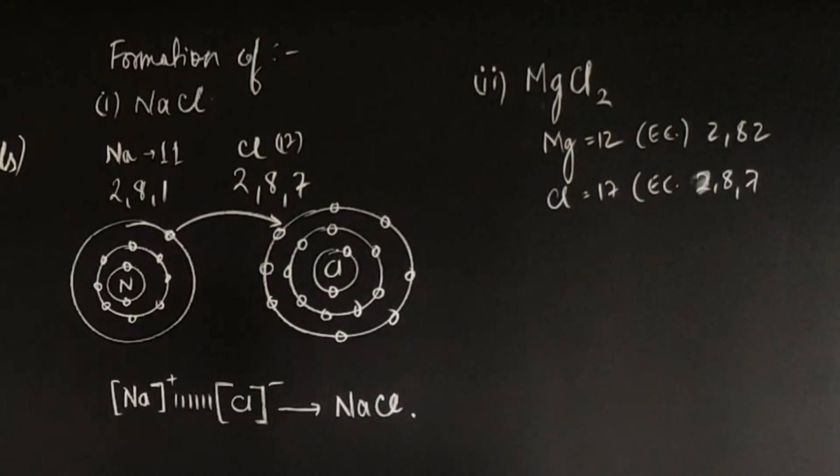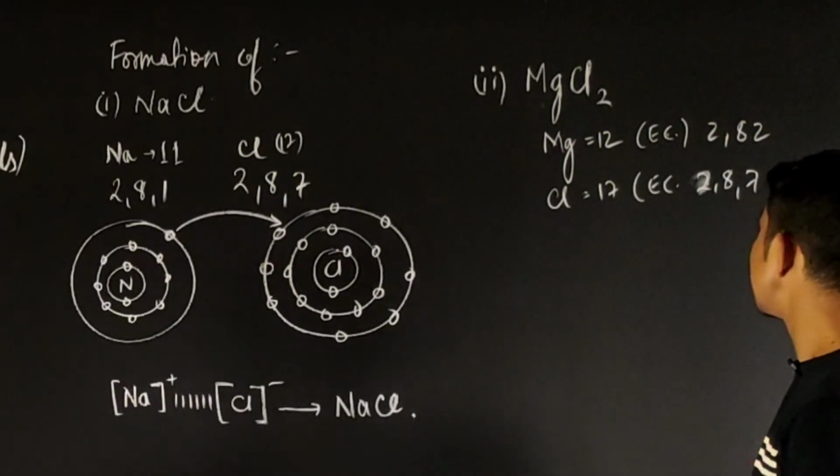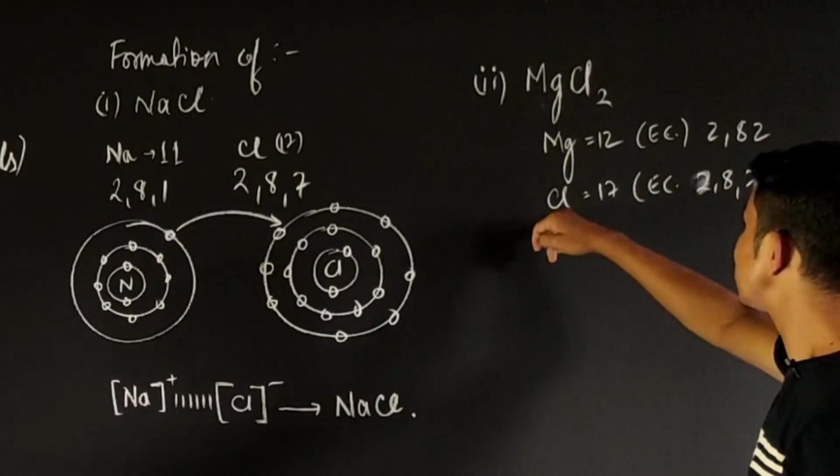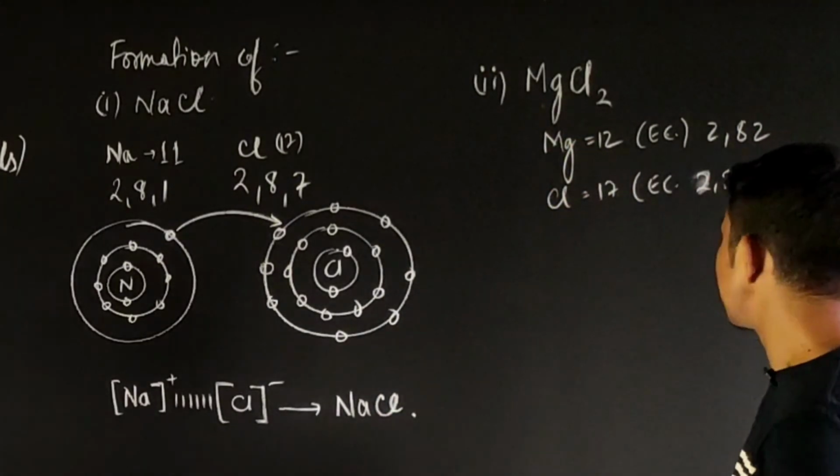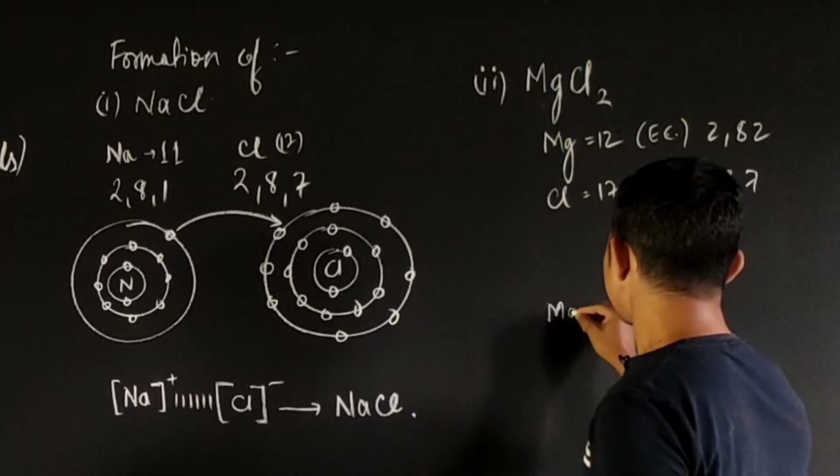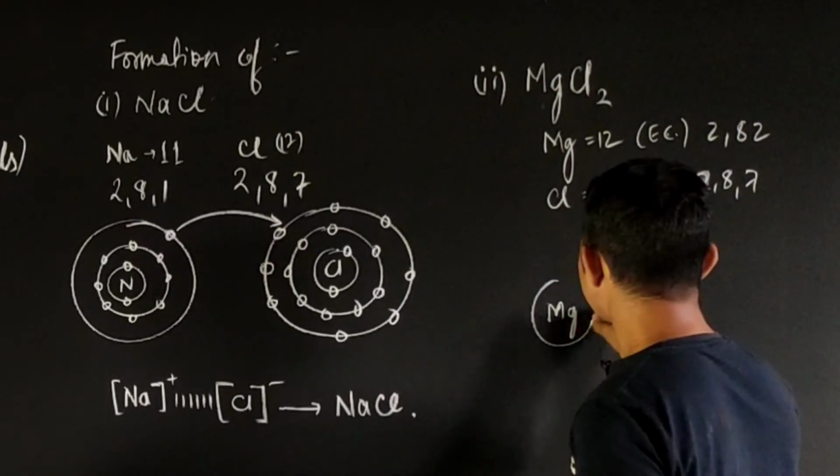Now for the formation of magnesium chloride, the two atoms of chlorine combine with the magnesium, like the magnesium in the outermost orbit.